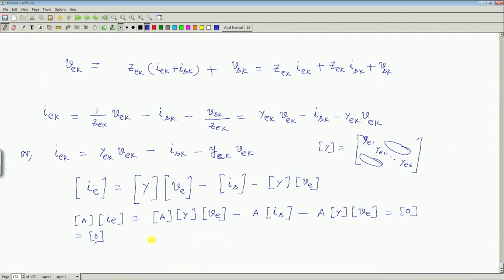Therefore, we can say this is A Y V minus A I S minus A Y V S equal to 0.